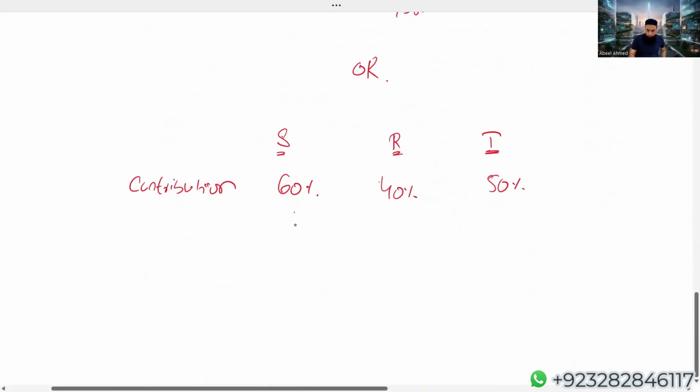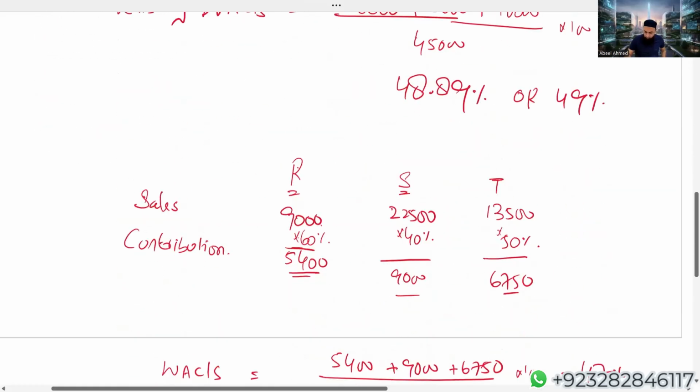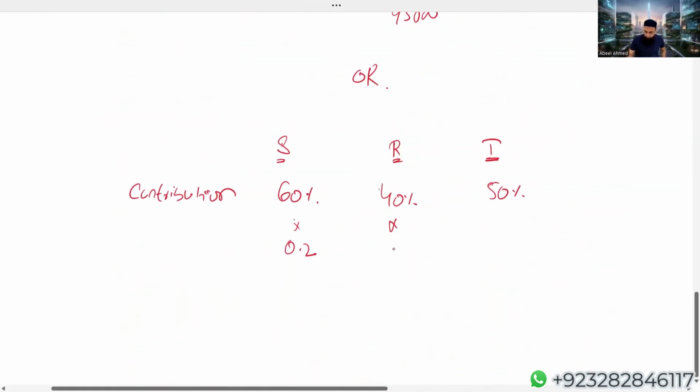What you need to do, just simply take 20% of 40%, and multiply the contributions with the new mixing ratio, 50 and 30. You will get the same result.